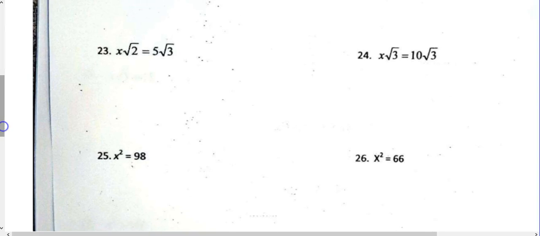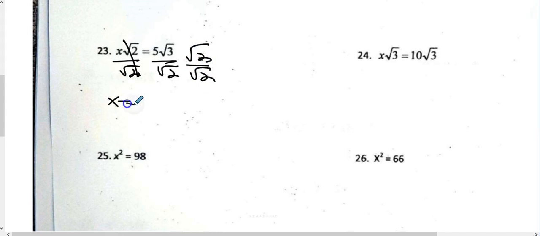Okay, like the first ones on this page, we're going to divide by what's multiplied by the x, radical 2. Over here, do the same thing. Now we have to rationalize, multiply by radical 2 over radical 2. That gives us on the top 5 radical 6, because radical 3 times radical 2 is radical 6.